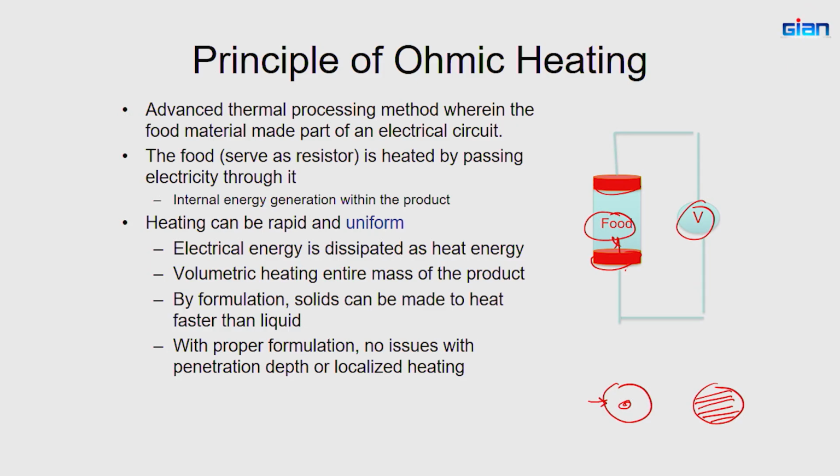Now, the property that allows the material to heat is called electrical conductivity. By adjusting the electrical conductivity of the liquid and solid, you can make the liquid heat faster or the solid heat faster, so you can adjust different things.